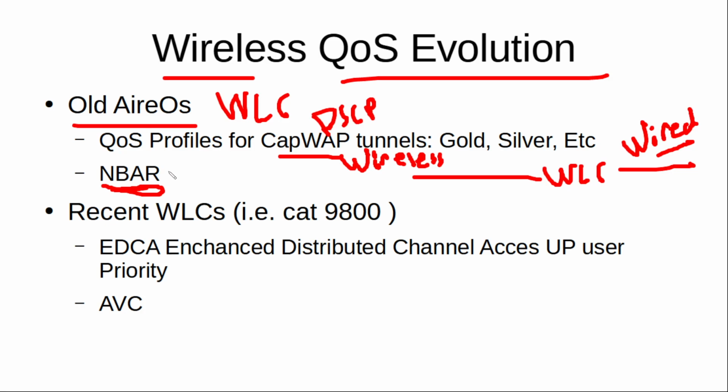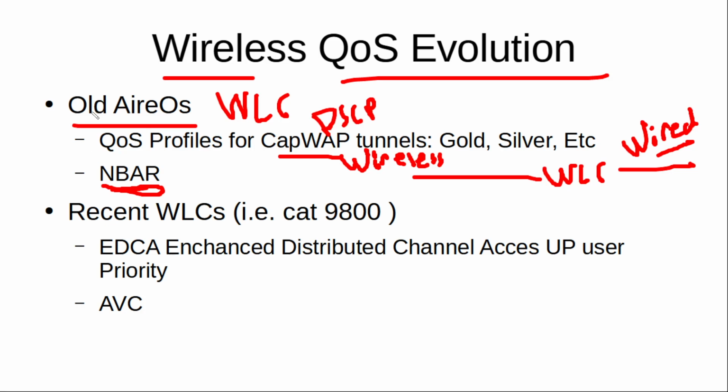Remember that NBAR means Network-Based Application Recognition, and it lets you set up a certain level of quality of service for applications rather than for access control lists. With NBAR, you can say, I want to provide a little more bandwidth to YouTube streaming and a little less bandwidth for Facebook, and so on.